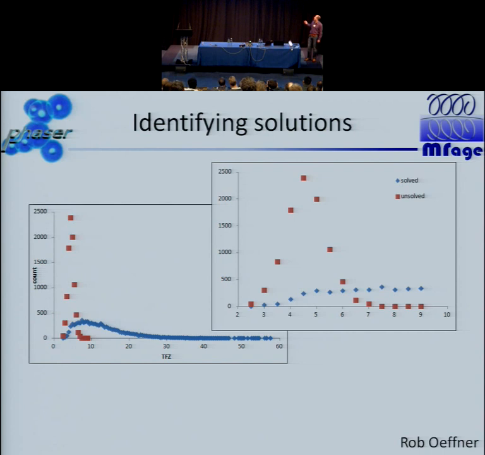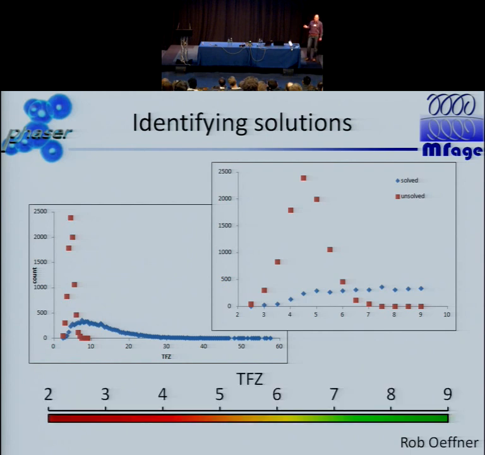The red is the one when the solution did not work, and the blue being the one when it did work. You can see that at about Z-score 6 point something, these two curves intersect. So at that Z-score, you have about a 50% chance of your solution being correct, and the higher the Z-score, the higher probability you have for this solution being correct.